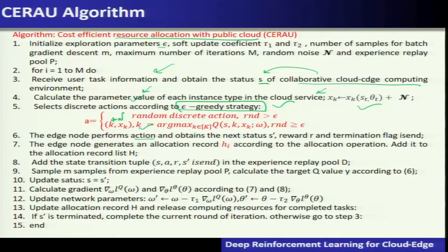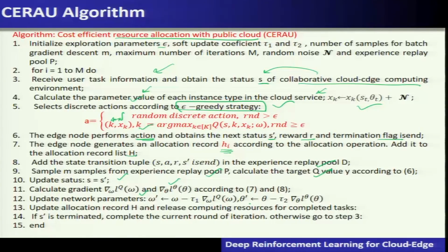Now the edge node performs the action and obtains the next state S prime, reward R, and the termination flag. The edge node then generates an allocation record according to the allocation operation and adds it to the allocation record list H. For the state transition tuple in the experience replay pool, it samples m samples from the experience pool, calculates the target Q values, and then calculates the gradients out of the equation which we have explained.